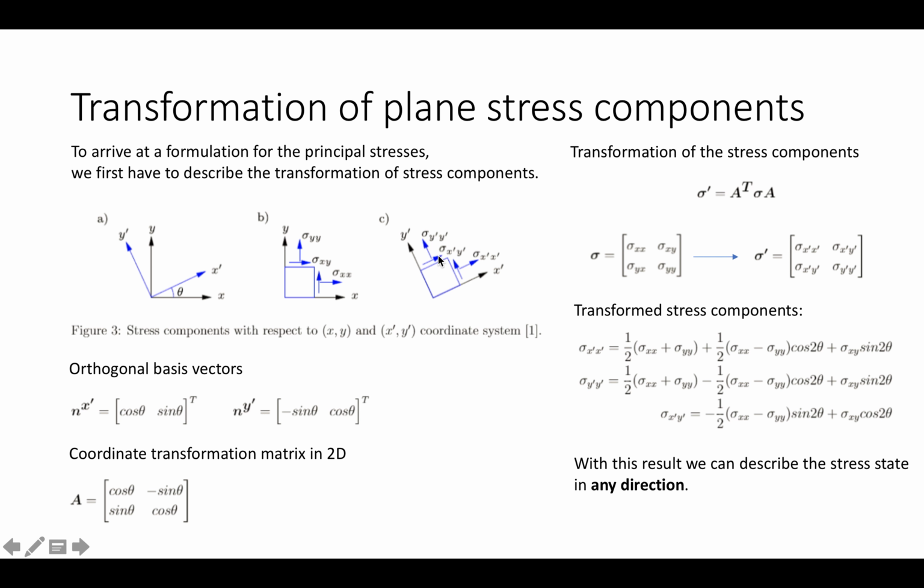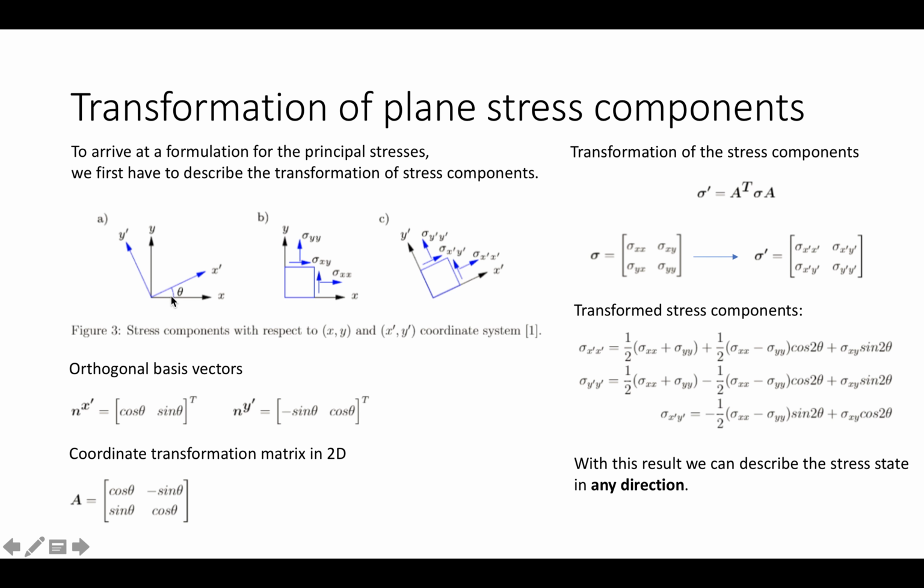To arrive at a formulation for the principal stresses, we first have to describe the transformation of stress components. We're looking at a plane stress state, and the transformation associated with the 2D case or plane stress case is a rotation.